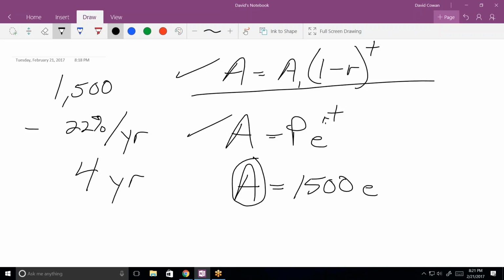R is what? 0.22? Yeah, it's actually minus 0.22. Oh, because it's decreasing. Because it's decreasing, exactly. If I use a positive, I'm going to have this A be bigger than 1,500. And 4 years, they both are years. It's decreasing at 22% per year, and it's 4 years, so the units are the same. So I'm going to multiply that by 4.